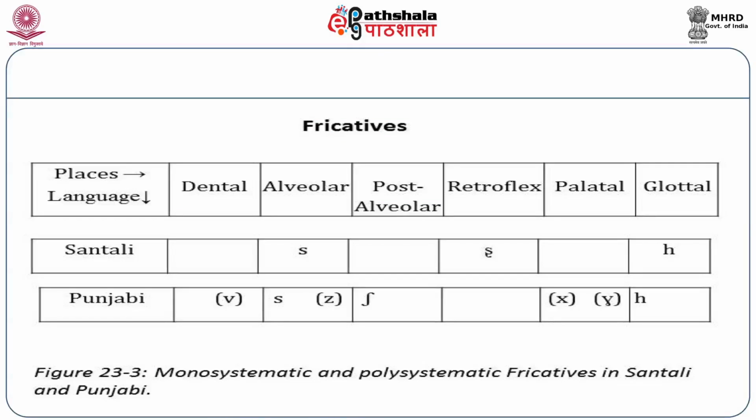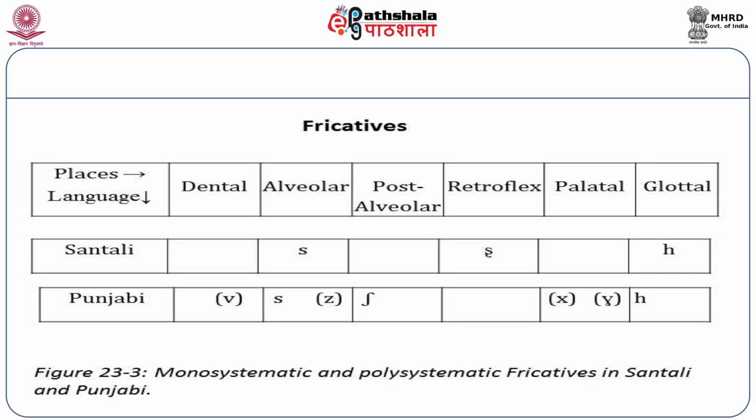Let's take a look at the system of fricatives in two languages, Santali and Punjabi. Santali has three fricatives, sa, sha, and ha, an alveolar, a retroflex, and a glottal, voiceless fricative. Punjabi, however, seems to have 7 fricatives. 3 of them are regular, they contrast, but 4 of them have marginal status.